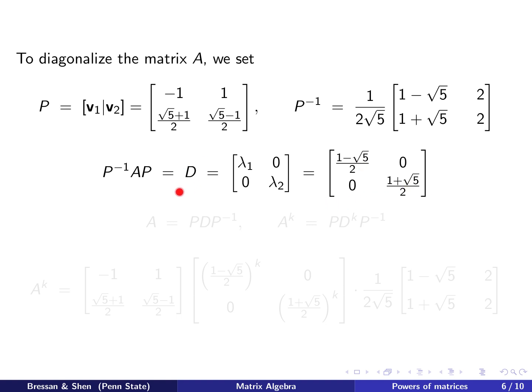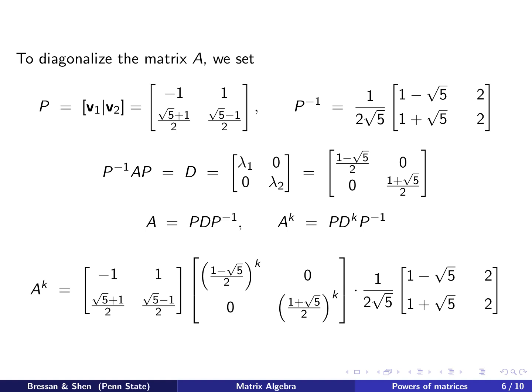And let's call this D. So once all these are computed, then we know that we can represent matrix A. We can kind of factorize it. A would be P times D times P inverse. And then the power of A can be quickly computed: the two P's and the P inverse don't change. You just need to take the power of this diagonal matrix, D to the power K.